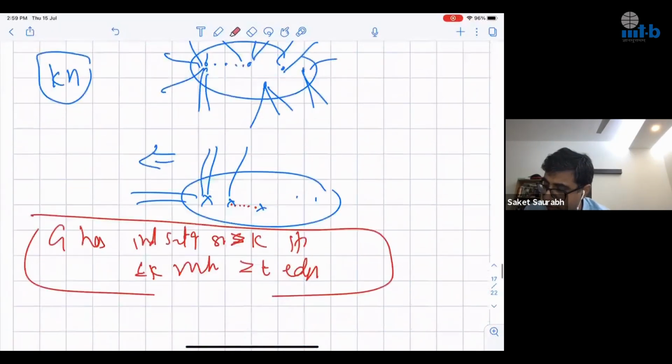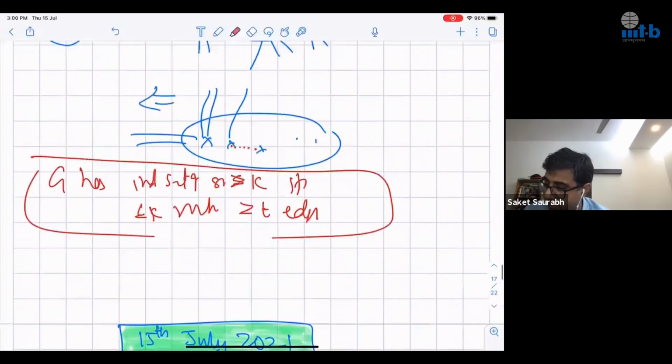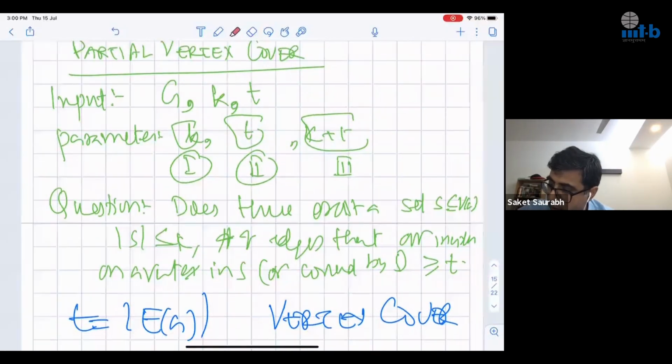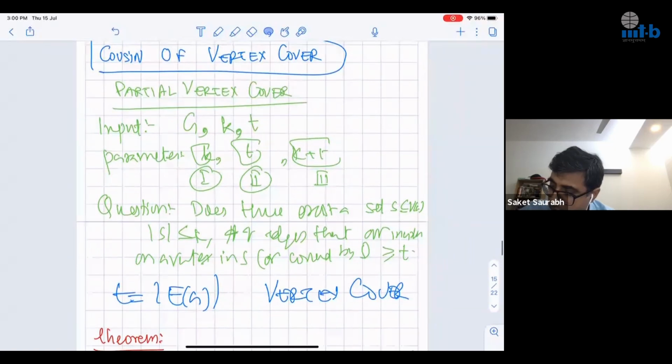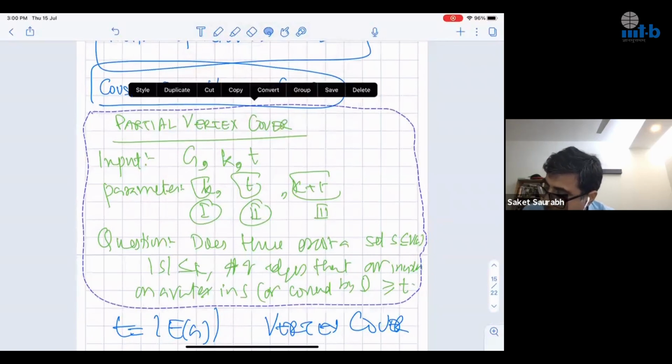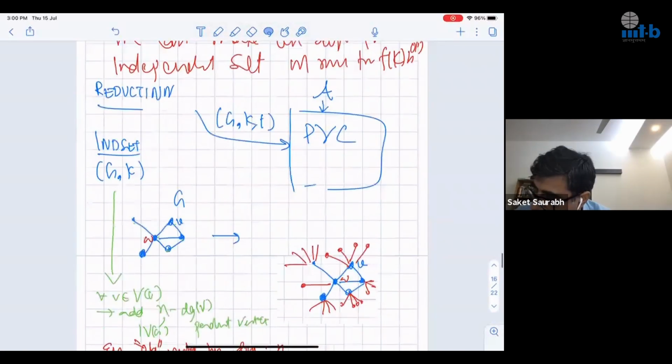What was our partial vertex cover question? It was here. Copy.